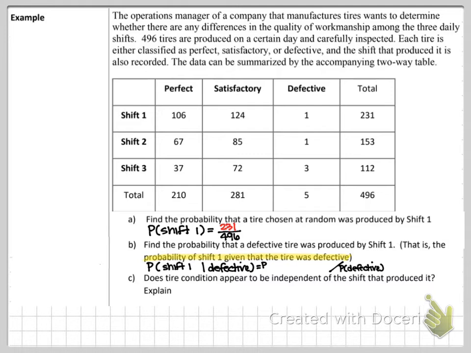On top is going to be the intersection between shift 1 and defective. So I look at my table. Well, the probability of defective, all right, that's the total. So defective probability is going to be, there's a total of 5 of them out of 496.